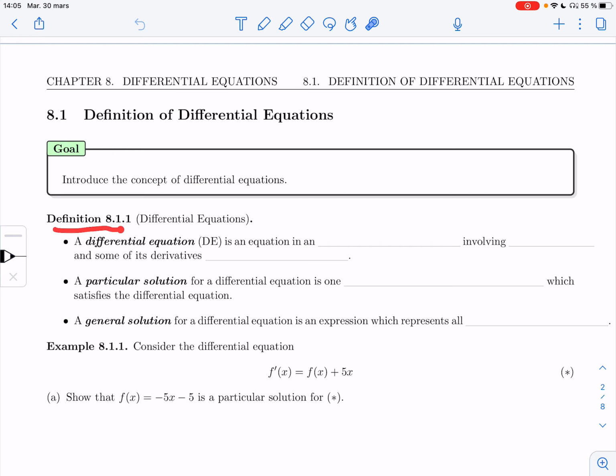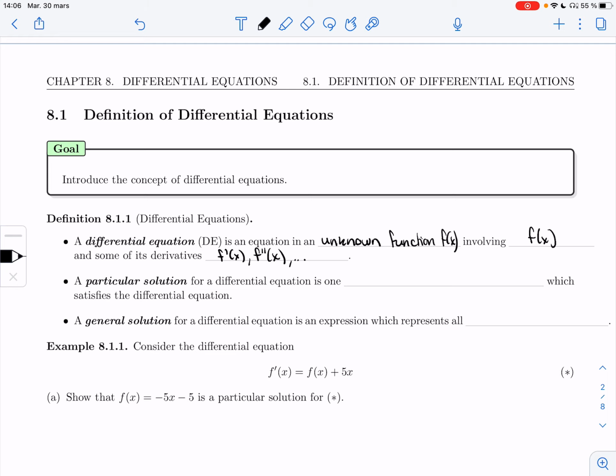Here's a definition. A differential equation, or DE for short, is an equation in an unknown function f of x involving f of x and some of its derivatives: f prime, second derivative f double prime, third, and so on.